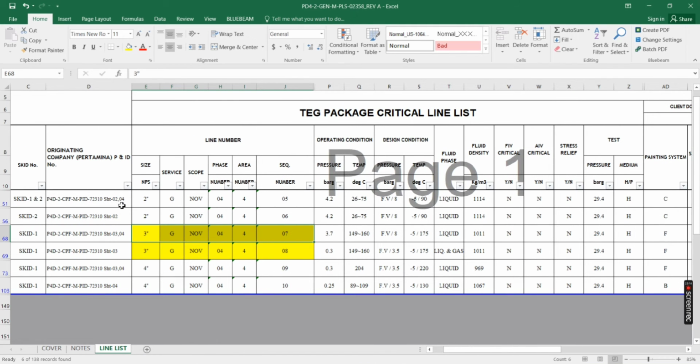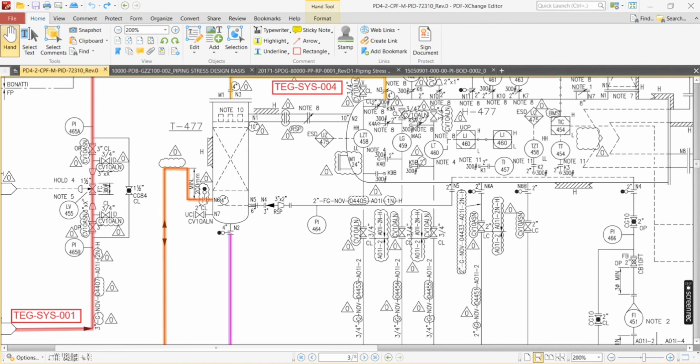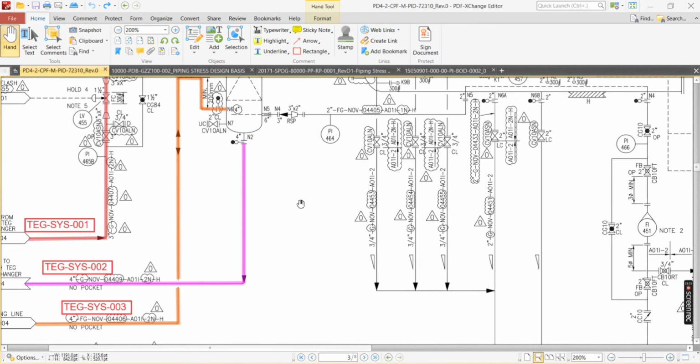You see sheet 2 and sheet 3, 4-inch G 00044404.